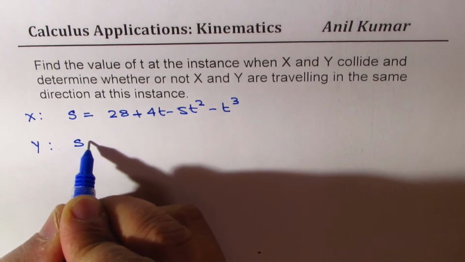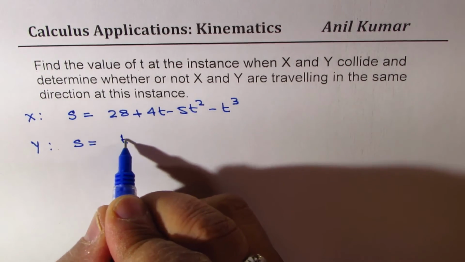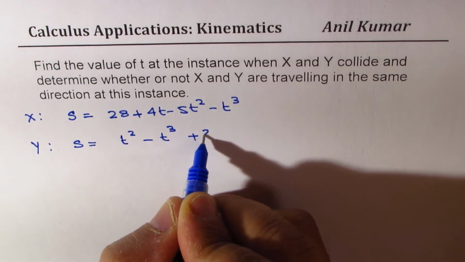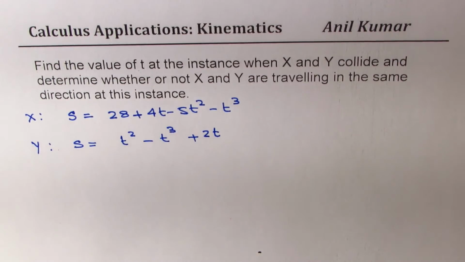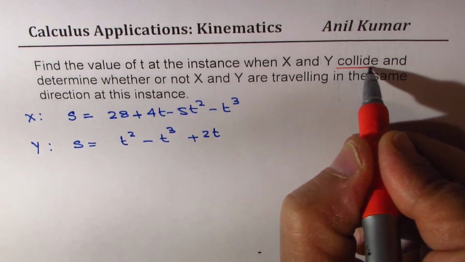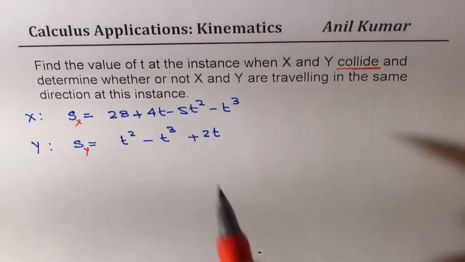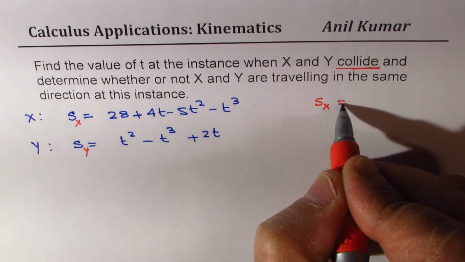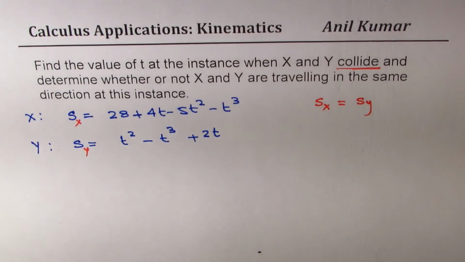And for y, we just found that this is equal to t square minus t cube plus 2t, right? So we have these two equations, and it is obvious that they are going to collide when these two displacements are exactly the same, right? So we are trying to solve when s of x and s of y are equal. So that's the strategy. Perfect.